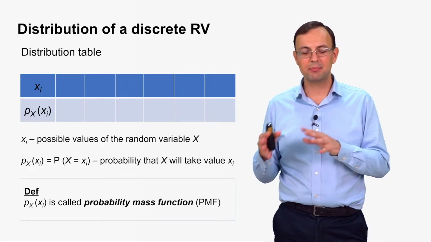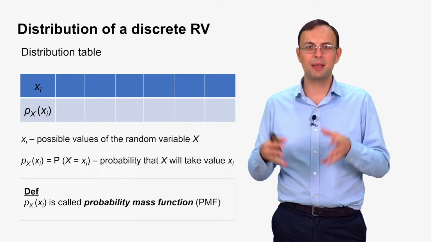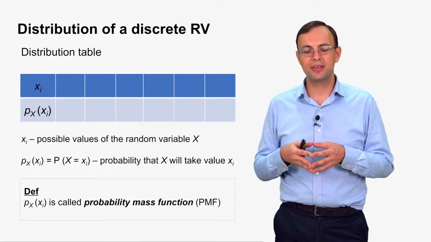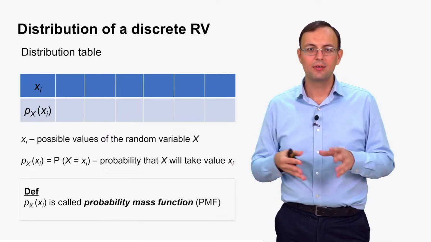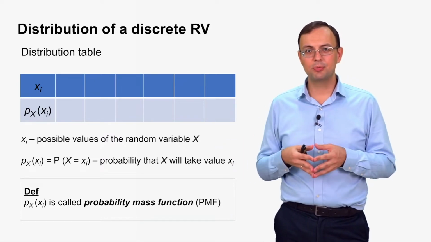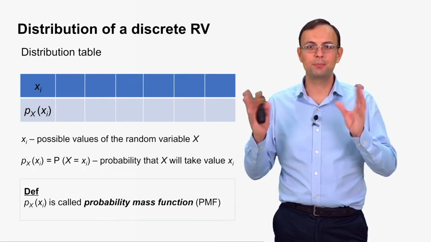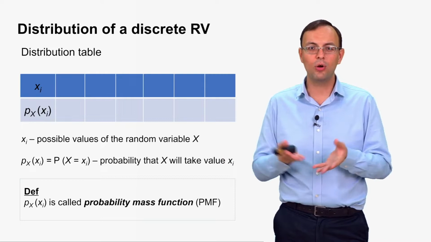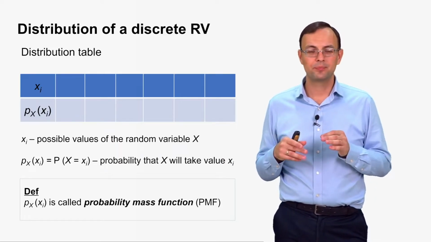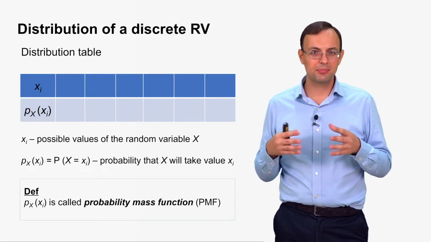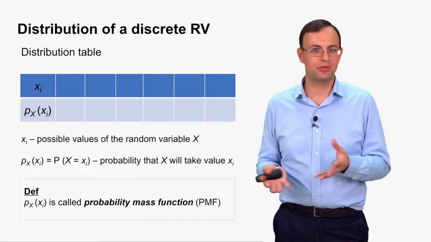Some textbooks prefer using this concept of PMF, and so they usually say what is the value of PMF at this point, for example, and some textbooks prefer to avoid this term, and they say just distribution table or distribution law or probability to take a certain value. So sometimes this term PMF is avoided. It depends on the book you're using.